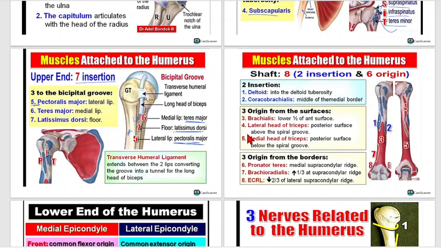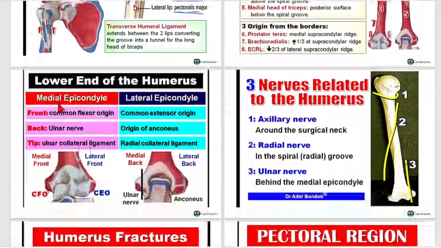Now the lower end of the humerus: medial epicondyle and lateral epicondyle. Actually, this is the medial epicondyle, and this is the lateral.